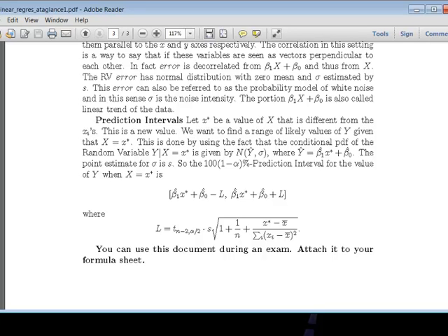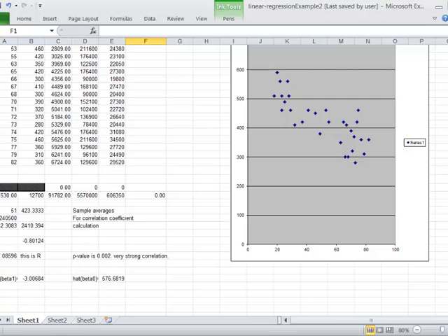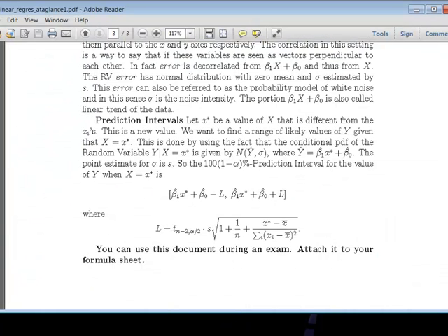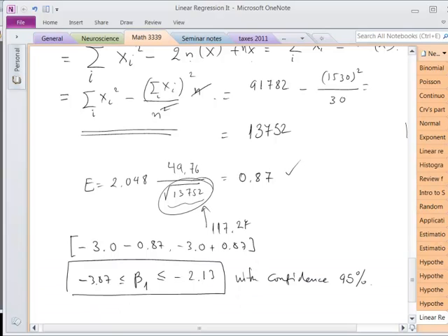As we mentioned, the random variable y, given that x takes a certain value, will have a value with a normal distribution. We mentioned that already. Actually, I think I don't need it. I need this.